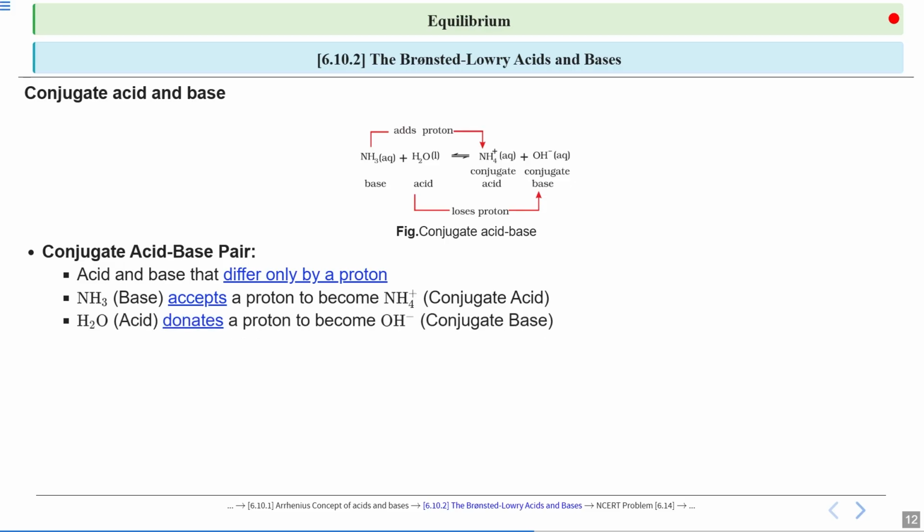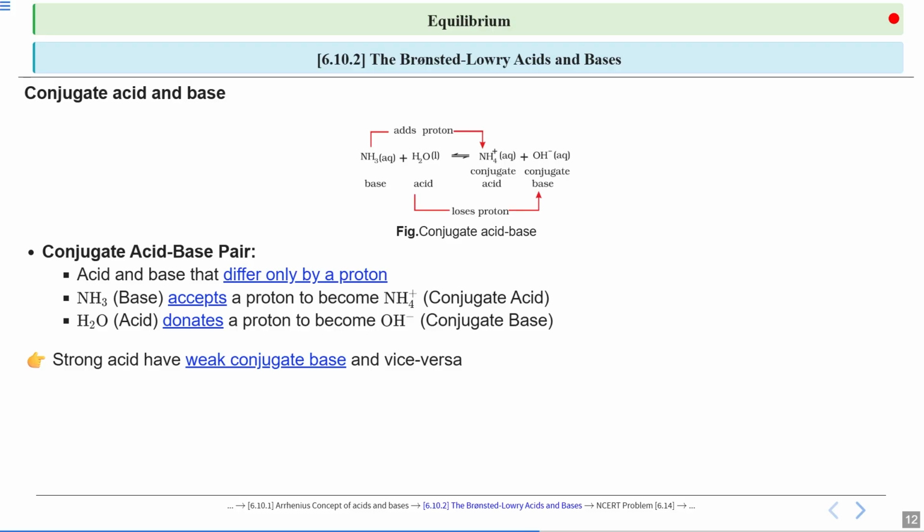Then if I talk about the second participant of this reaction, which is water, water here is acting as a proton donor, so it is an acid. And what would be its conjugate base? It would be OH minus, which is formed by the loss of one H plus. So they are again differing by only one proton here.